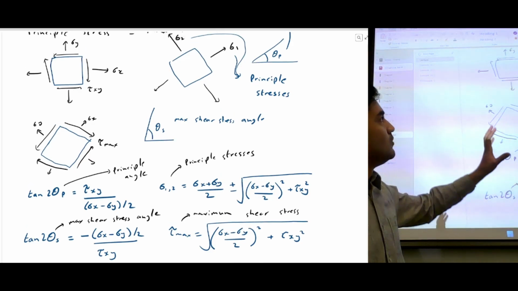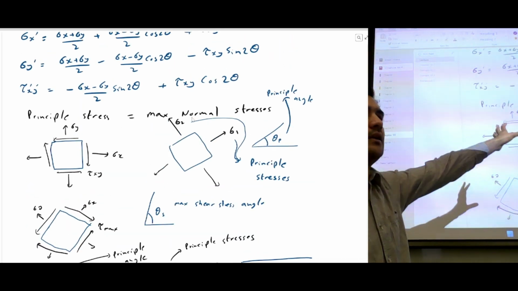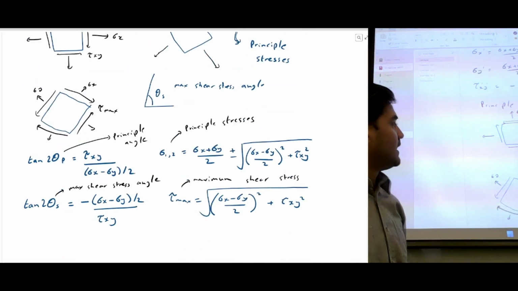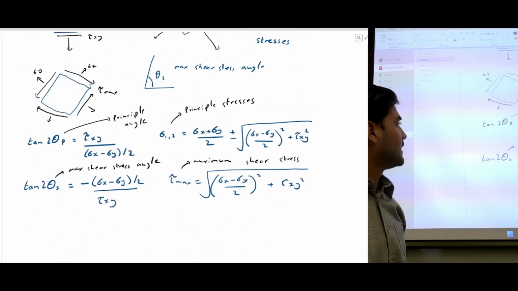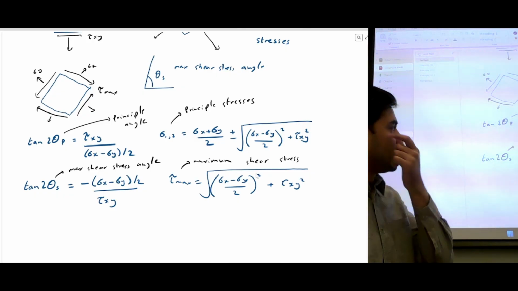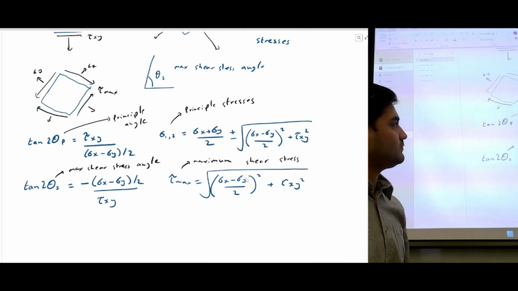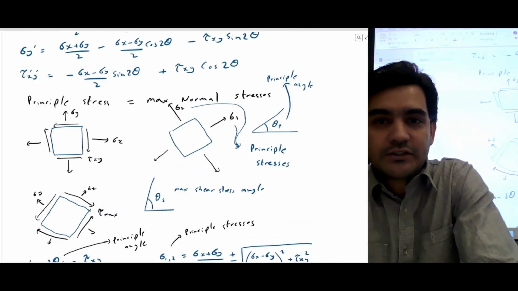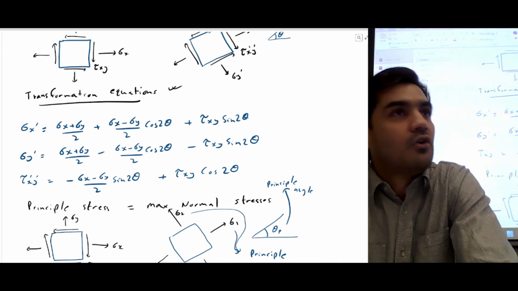We can also figure out another angle where you will get the maximum shear stresses, and that angle is called the maximum shear angle. You can calculate it by using this formula, and you can also calculate the maximum shear stresses by using these equations.